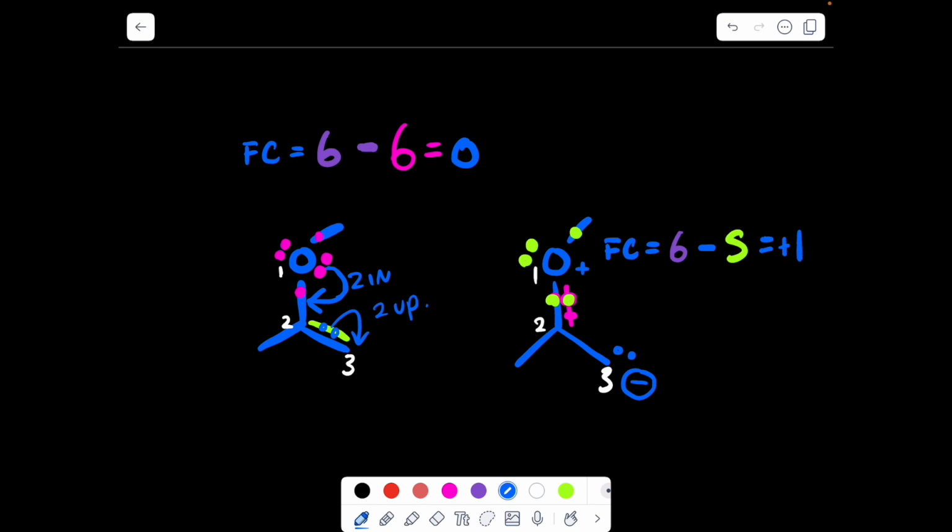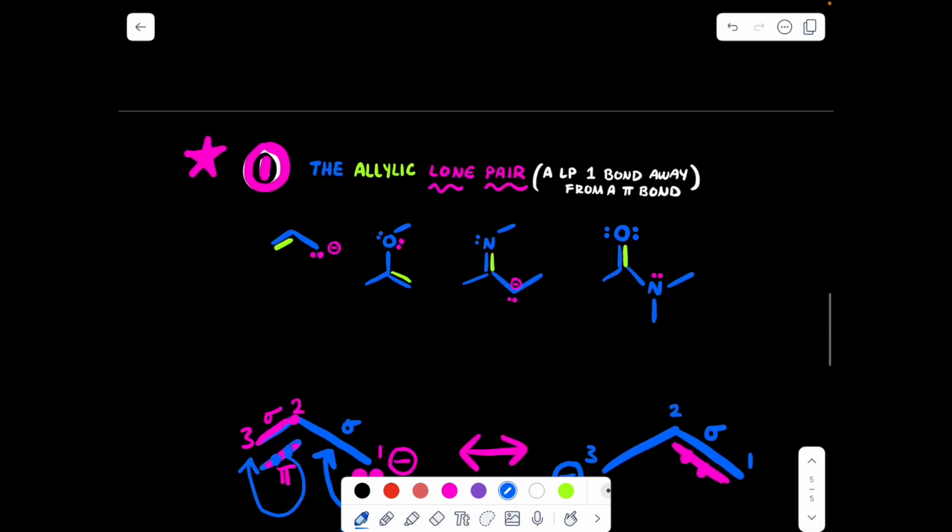Now we can see the overall charge is still neutral, because plus 1 minus 1 is equal to 0. And the original charge was also neutral, so 0. So this would be our resonance hybrid. So let's do the third example now.